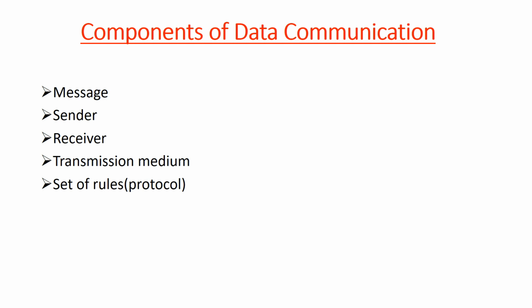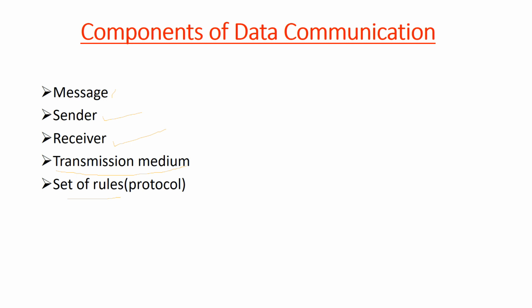The first component is the message. We have the message, we have the sender, we have the receiver, we have the transmission medium, and we have a set of rules, in brackets, protocol.